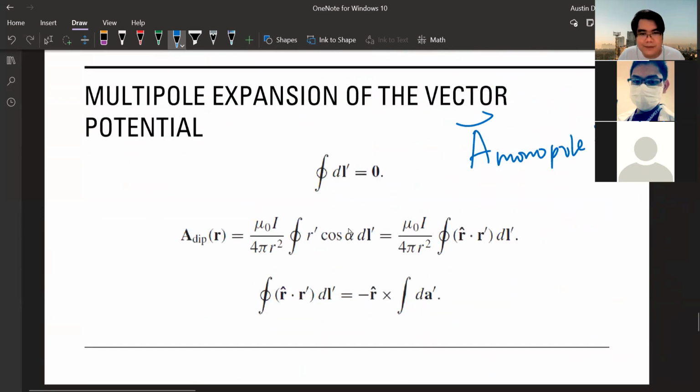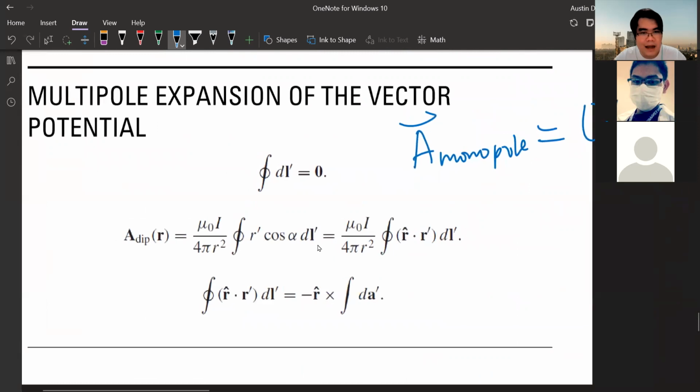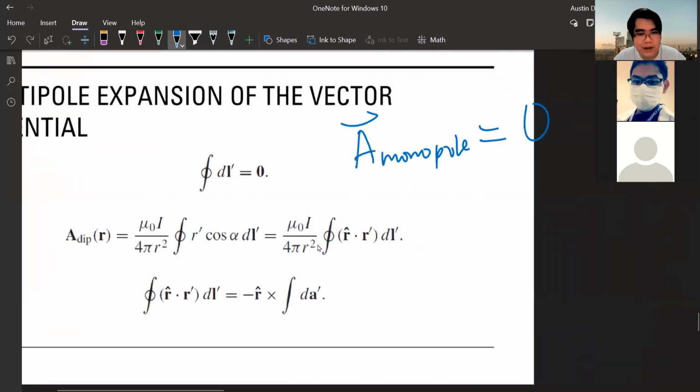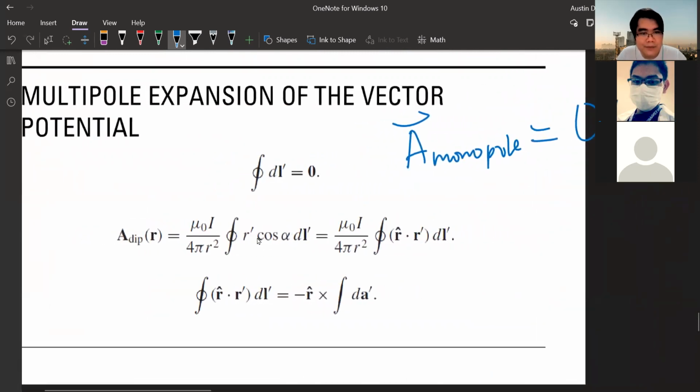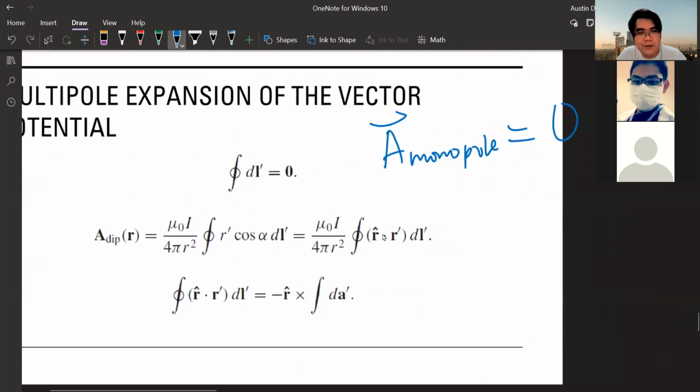We have this. And then alpha, of course, would be the angle between your r prime and your r. Okay? So, the angle between r and r prime. Okay? So, pag dinot product mo, ito ilalabas. Okay? Convinced ba? Convinced?